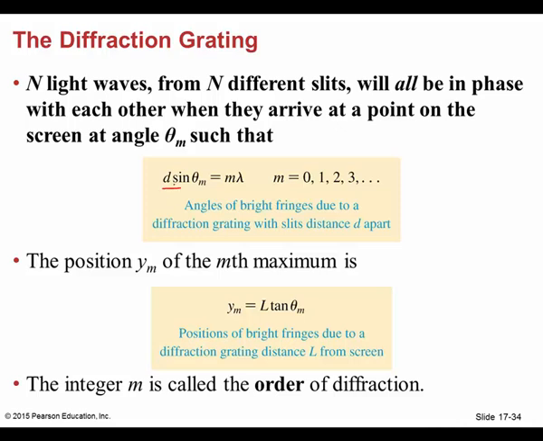If we want to find what the angle is, then we can rewrite this equation. Or if we want to find out what d is, the distance between the slits, we can solve it that way too. Notice the relationship here of the particular maximum times the wavelength, and of course notice it's equal to d sine theta.